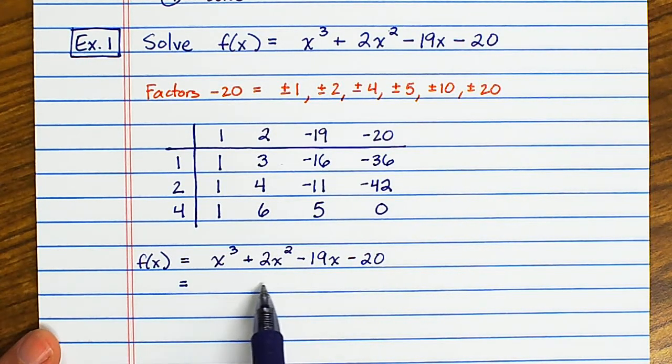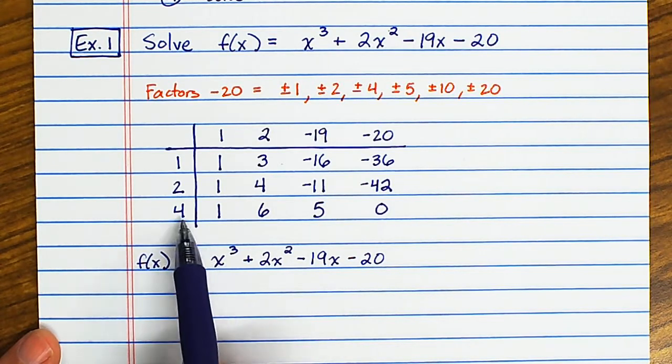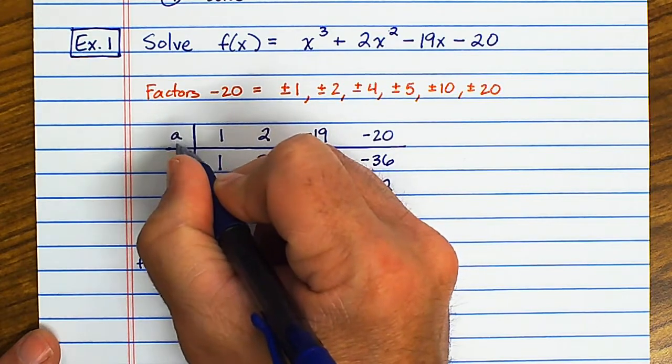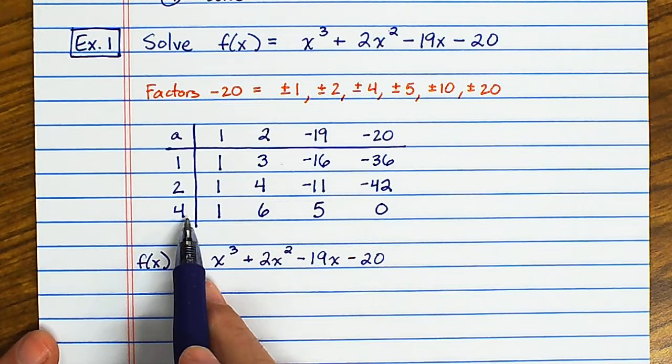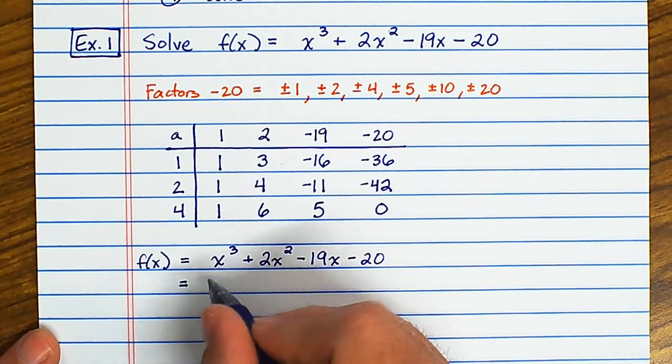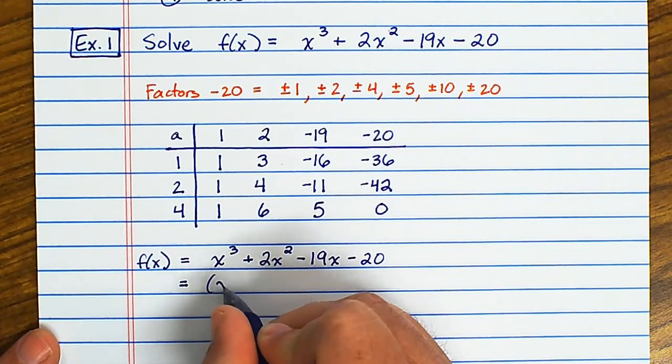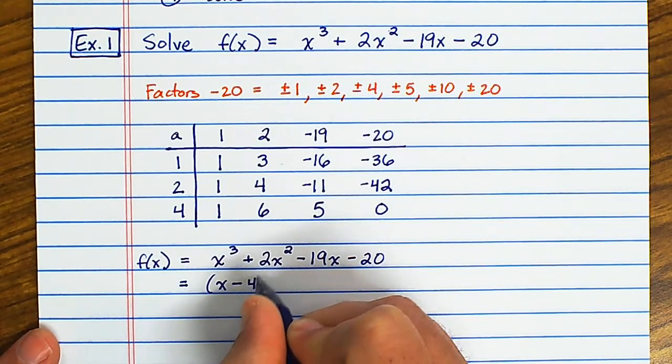Think from our last unit. This is your A, okay? These are your A's. So if one of my A's is 4, it's x minus A, so that would be x minus 4.